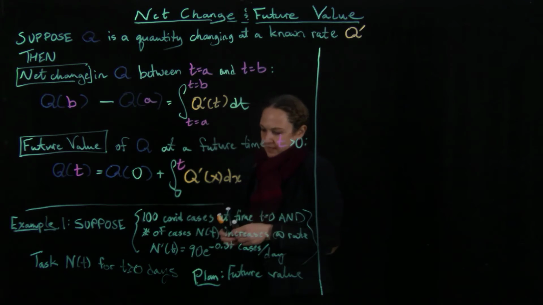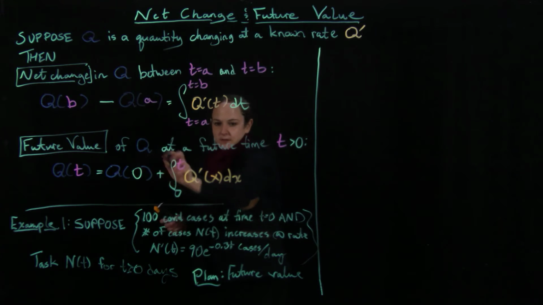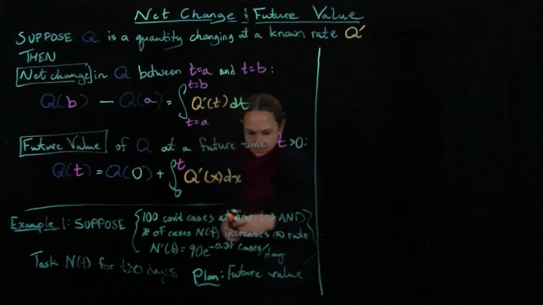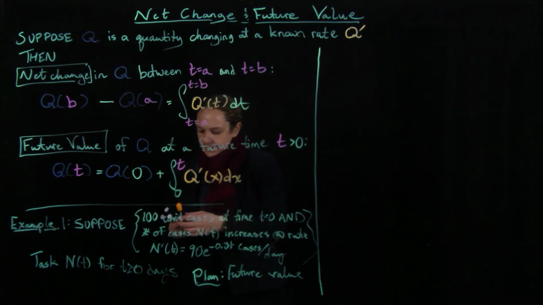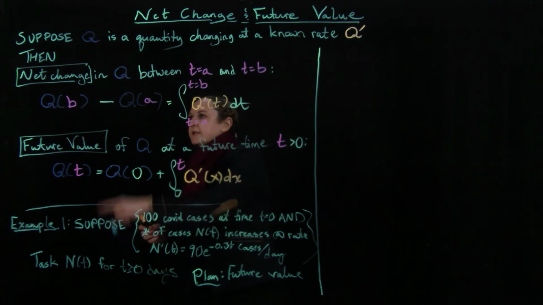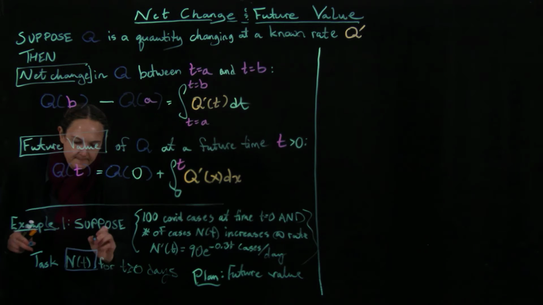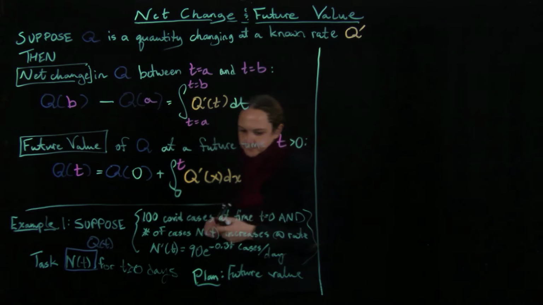So my Q of 0 is the 100 I have here. My N of t is like my Q of t. And this would be like my Q prime.